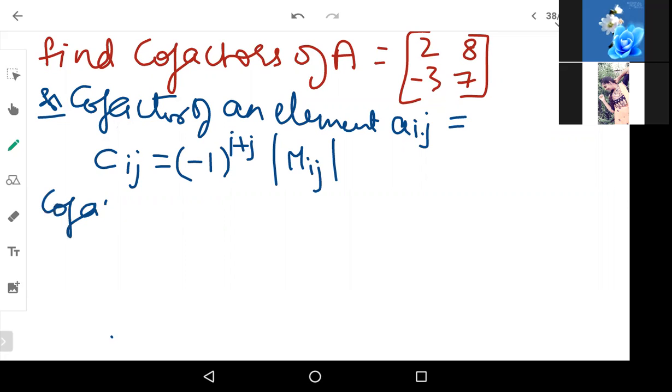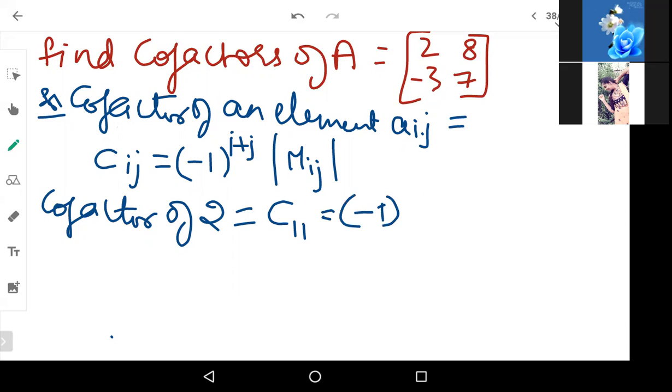Cofactor of, what is the first element? 2. So 2 is in first row, first column, is equal to minus 1 to the power of 1 plus 1, first row, first column. i is row number, j is column number.